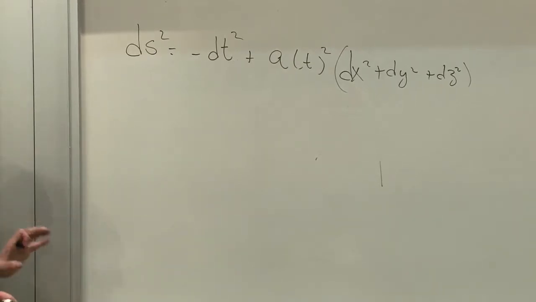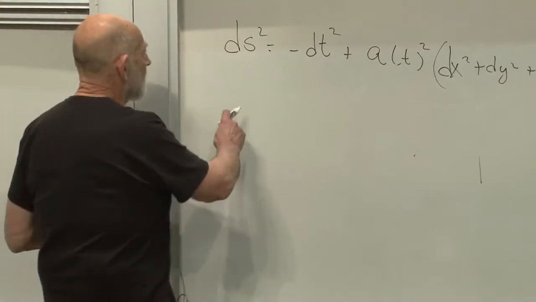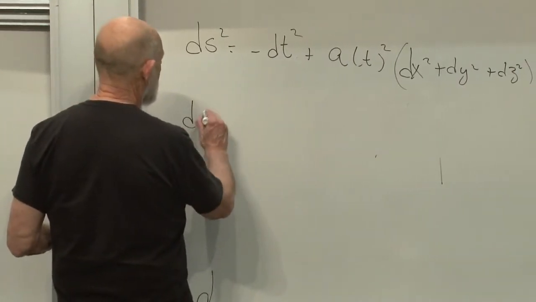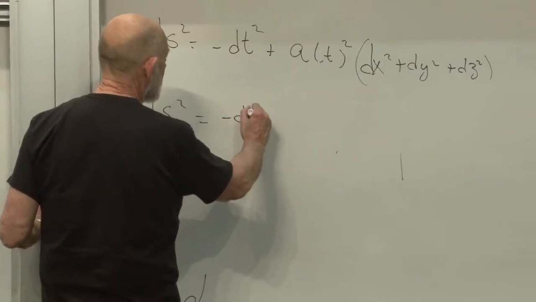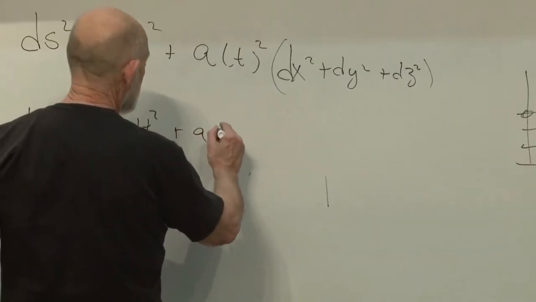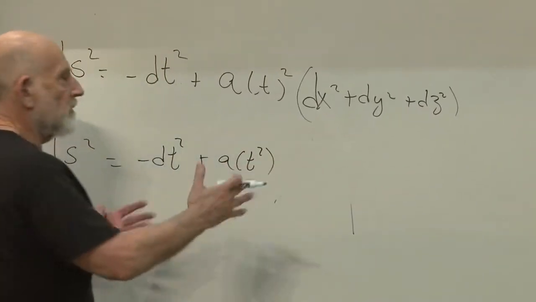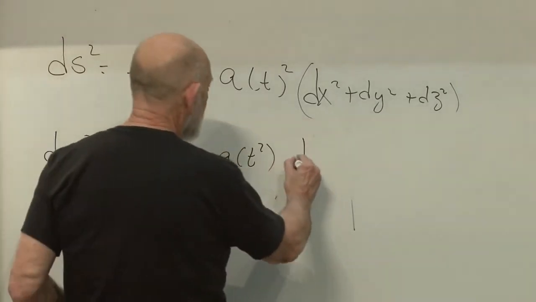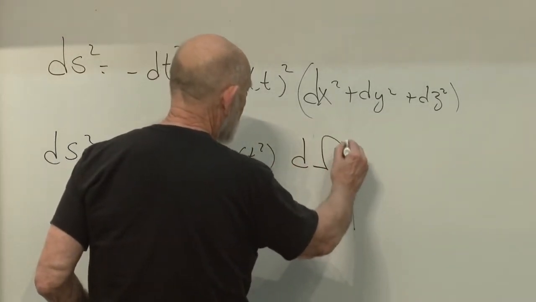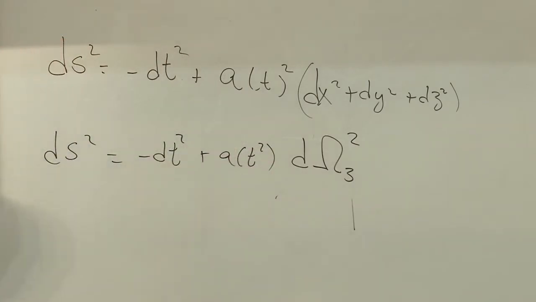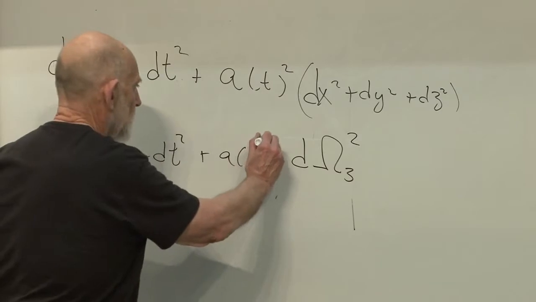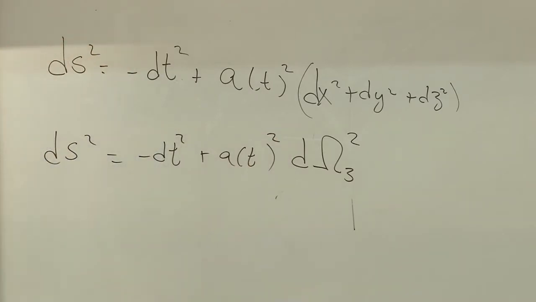And when I say flat, I mean flat space. How about the spherical geometry? That's ds squared, same thing, minus dt squared plus a of t squared times, and now instead of writing a big thing, I'm just going to write d omega 3 squared. This d omega 3 squared stands for the metric of a unit 3-sphere, but the actual radius of the universe changes, a of t. And what about the hyperbolic case?